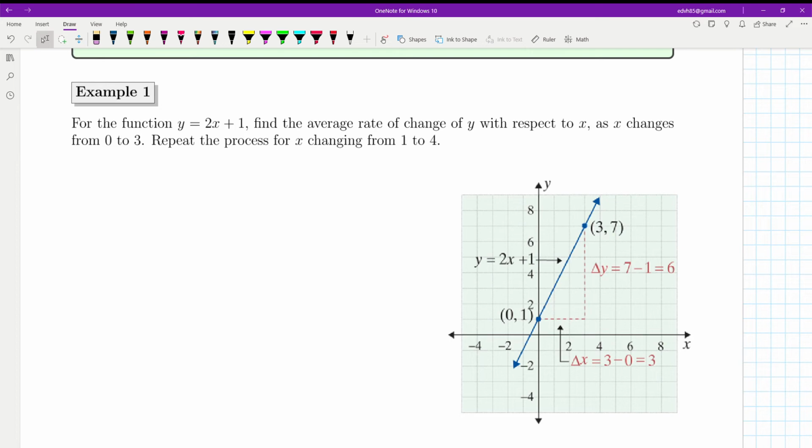Alright, so we need y2 minus y1. We get y2 by evaluating f of x2.